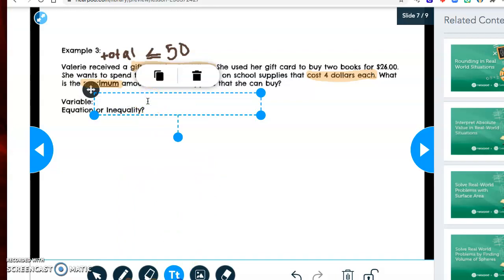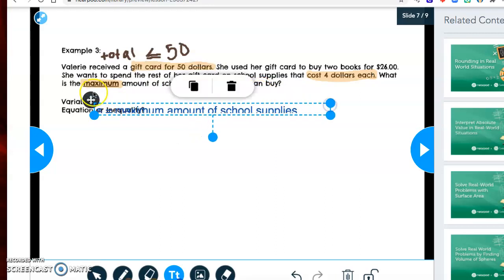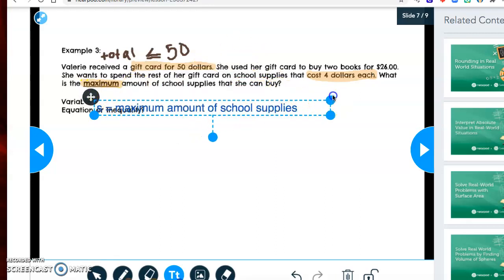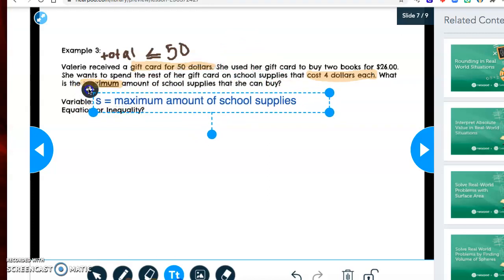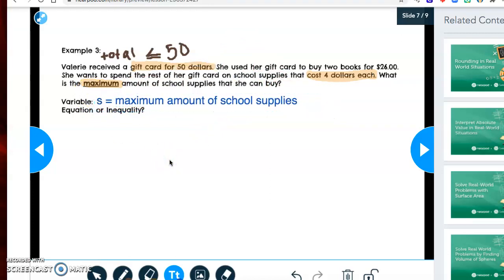So I'm going to use S as a variable, and I'm going to put S equals the maximum amount of school supplies. That's what we have to find. Okay, there we go. All right, so how do we set this up?